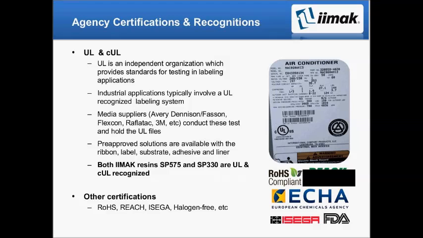I'm sure you're familiar with these. Some resin end users may even demand food safety compliance like ISEGA or FDA. And halogen-free is a common requirement, notably in Asia. We're happy to inform you that Iimak's resin ribbons are all fully certified and compliant with these and other standards.